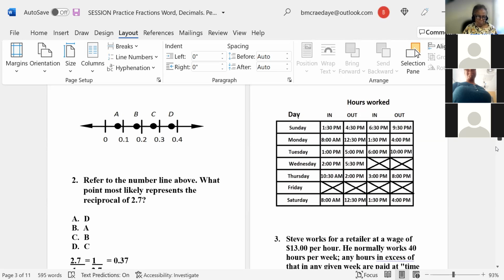Tuesday, that's 8 again. I get 37 and a half. Not correct. No, that's not correct.